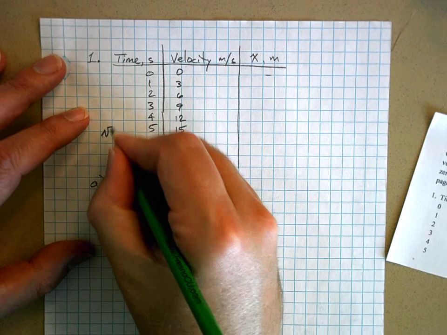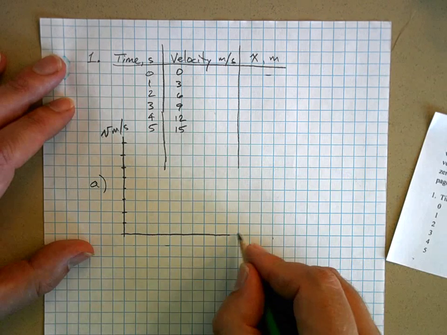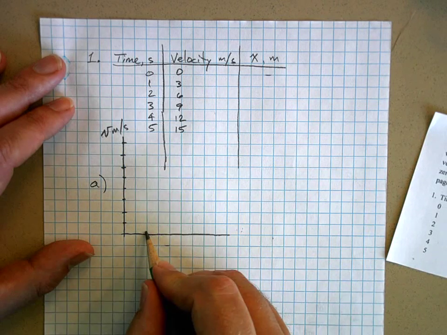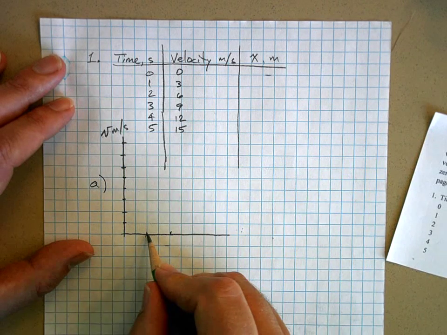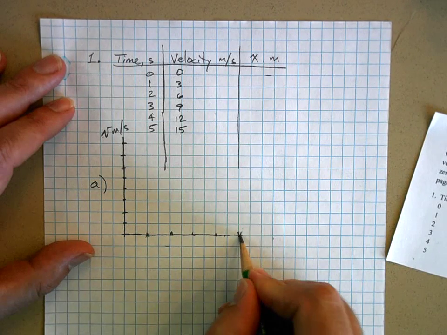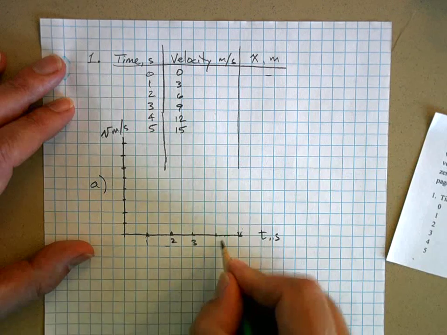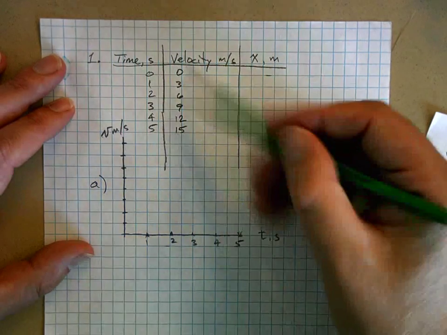So this is velocity, meters per second. Always label. And then 1, 2, 3, 4, 5. So this will be time in seconds. And then we'll just graph these.